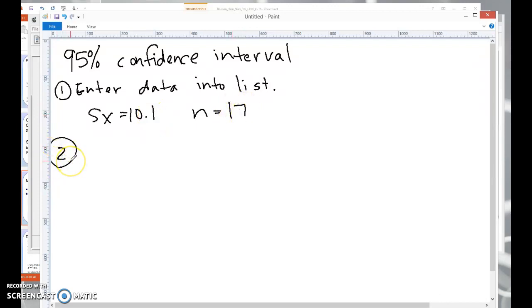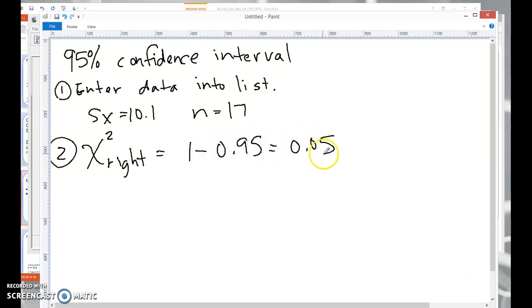Now, let's calculate chi-squared right. That's by taking 1 minus our confidence level of 0.95 and dividing by 2, 0.025. Once that has been identified, then I can go to the table and get an answer.